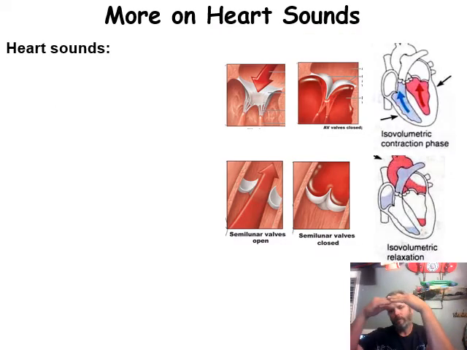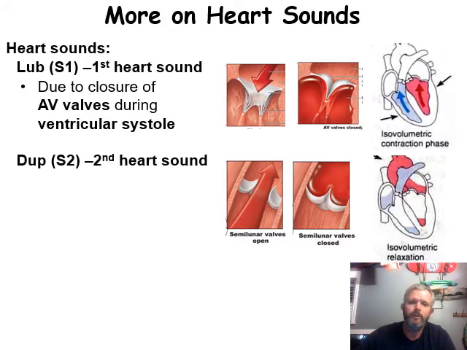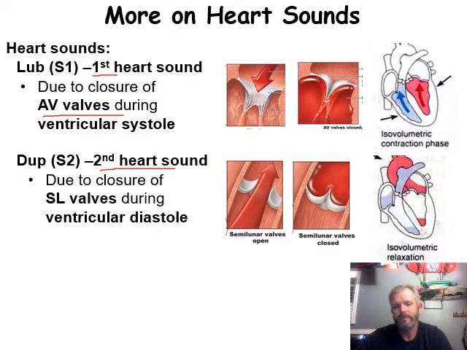Like I said, when those valves snap shut, they are creating heart sounds. When they snap shut, it creates turbulence in the blood, and that creates a sound. When our AV valves snap shut, that gives us our first heart sound, the lub sound. And when the semilunars snap shut, that gives us our second heart sound, the dub.